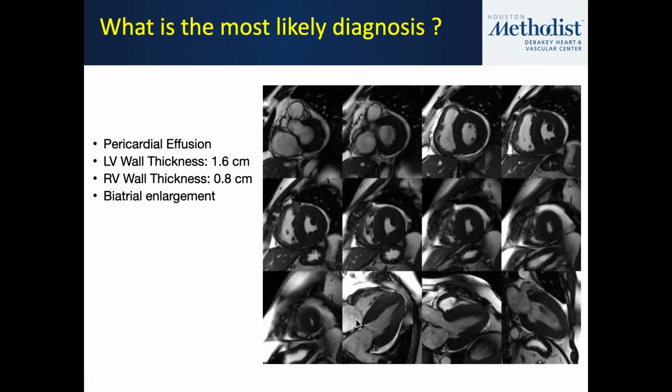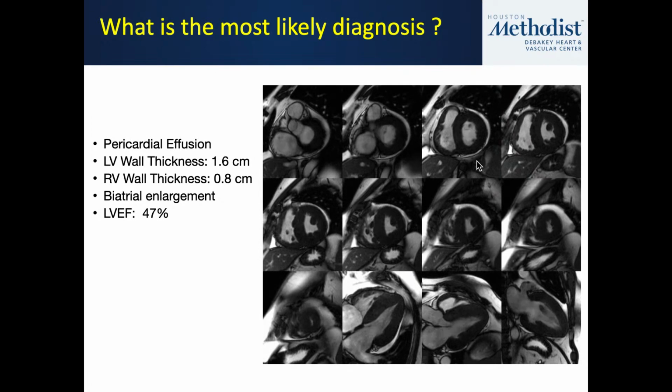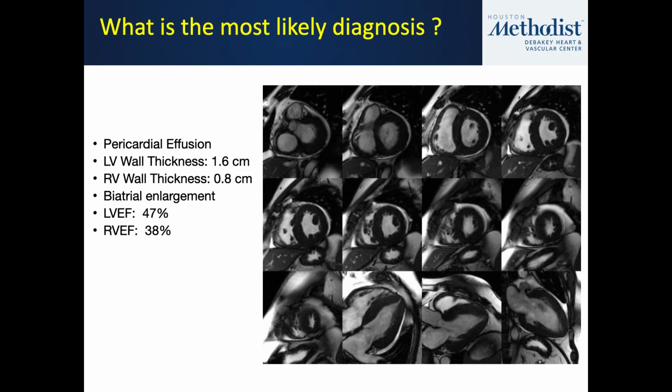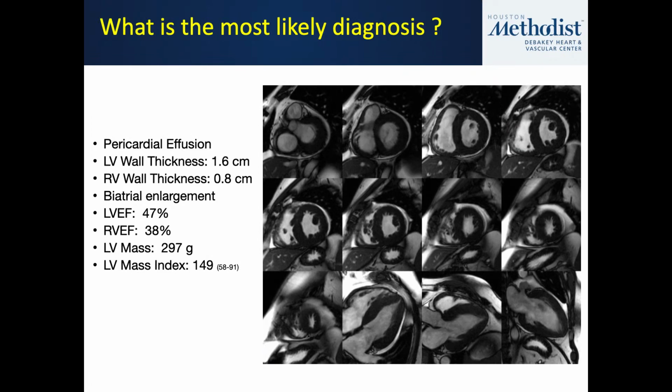If we look at the four-chamber view, you can see there's pretty significant biatrial enlargement. This patient has mild LV dysfunction with an EF of 47% and mild RV dysfunction with an RV EF of 38%. And then global LV mass is also quite significantly increased as well.